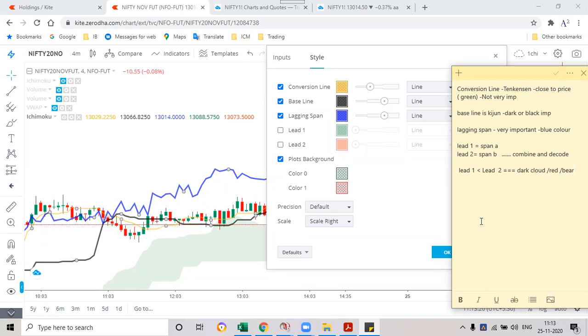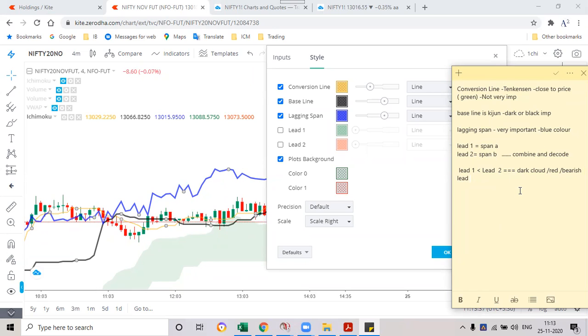Basically lead 1 and lead 2 are numbers which are arrived from the price itself. In fact, all the data is arrived from the price. In that, if the lead 1 value is less than lead 2, it will be a dark cloud.